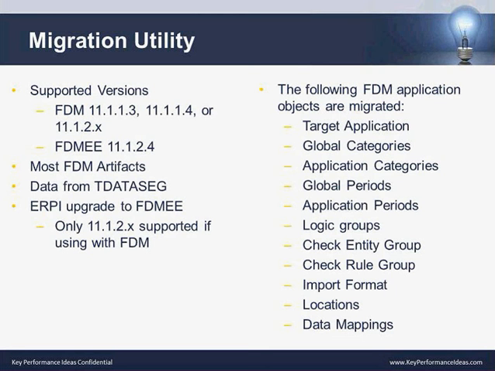This migration utility is only moving from 11.1.1 all the way up to 11.1.2.4. So if you are moving in 11.1.2.3, it's actually not supported, and we're going to have to do everything manually. I just want to make a quick note of that one.